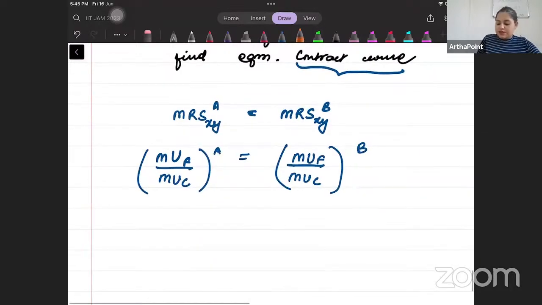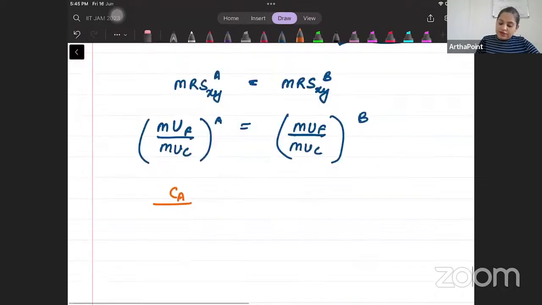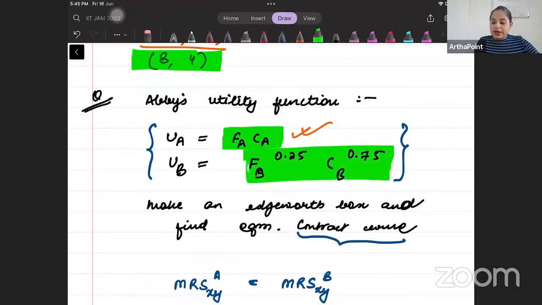I will get CA. When I differentiate this with respect to C, what will I get? I will get FA.